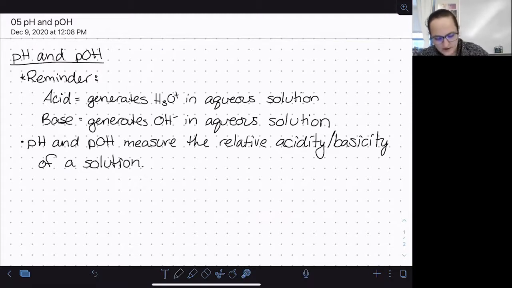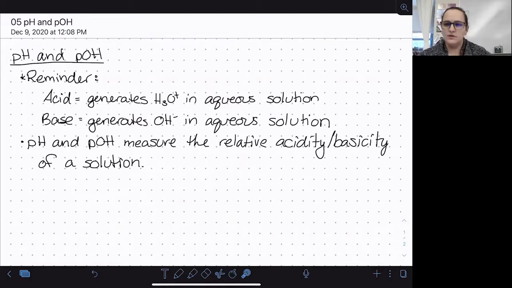So remember that one of our definitions of acid and base relied upon the concentrations of hydronium and hydroxide in solution and how those were affected. So an acid is anything that generates hydronium in solution. And a base is anything that generates hydroxide in solution. So essentially, pH is measuring hydronium and pOH is measuring hydroxide.